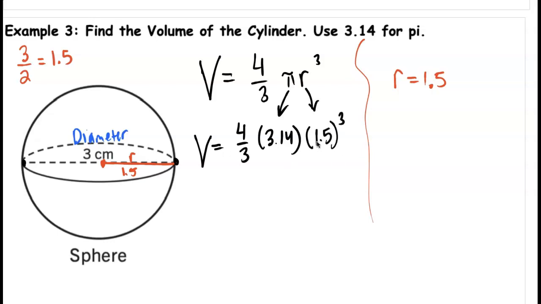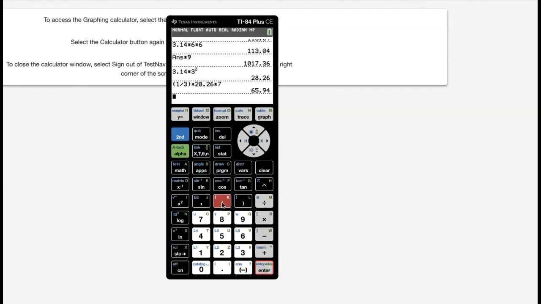And then pretty much from here, I'm ready to plug in my numbers into my calculator. So parentheses 4 divided by 3, close parentheses, times pi times radius to the power of 3. So I have everything entered in exactly as my formula states, and I press enter.